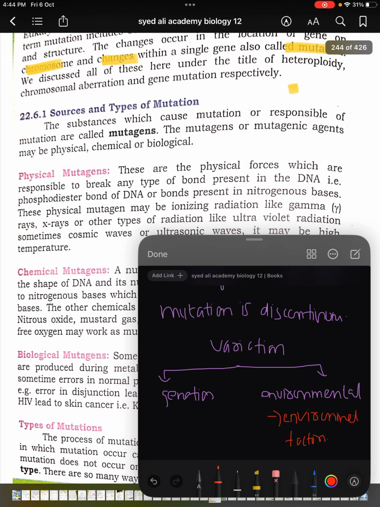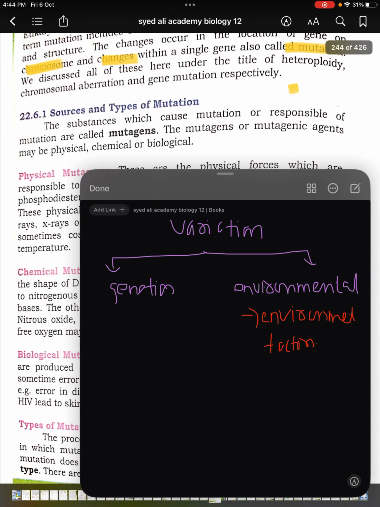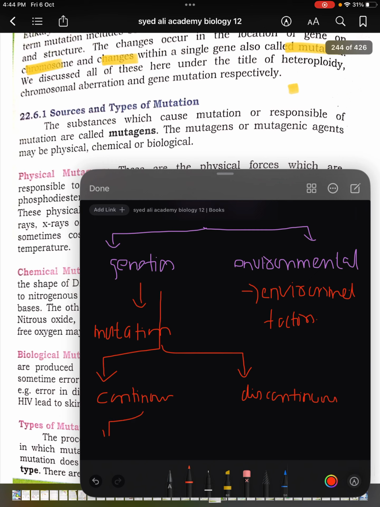But what about genetics? Genetic variation is caused by two things, like mutation occurs in the genetics. One is continuous and the other is discontinuous. In continuous, basically we have crossing over.